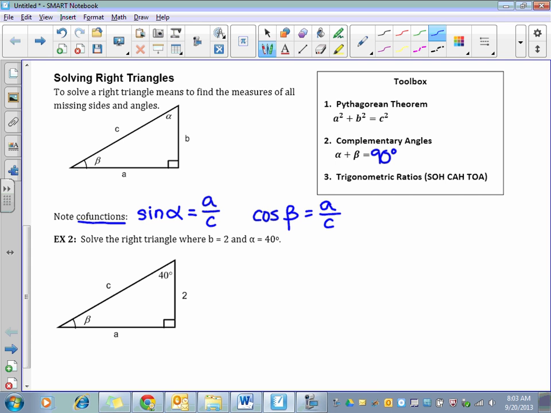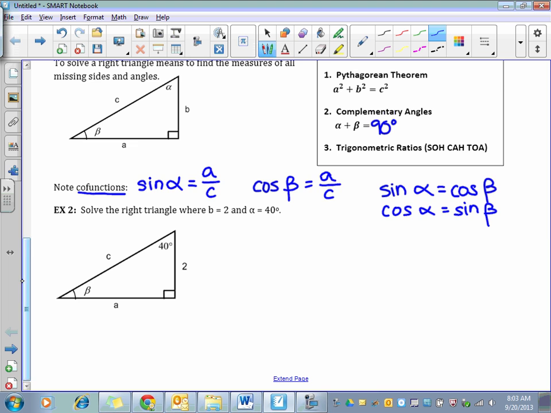So something really interesting to notice is that sine of alpha will equal cosine of beta, and remember, alpha and beta are complementary. And similarly, we could assume that cosine of alpha will equal sine of beta. So it's a nice relationship. It's why sine and cosine are co-functions.